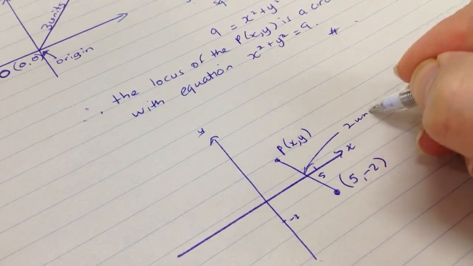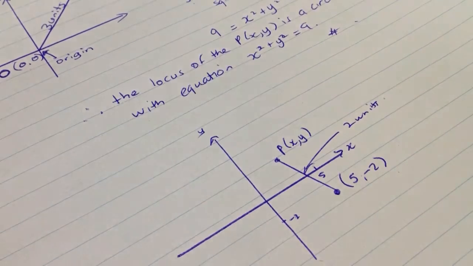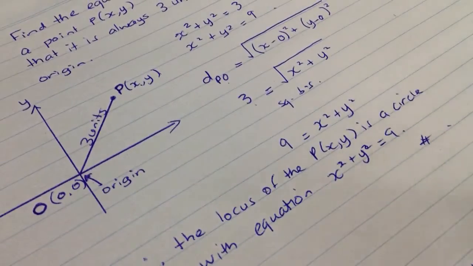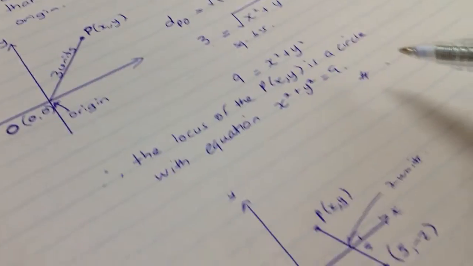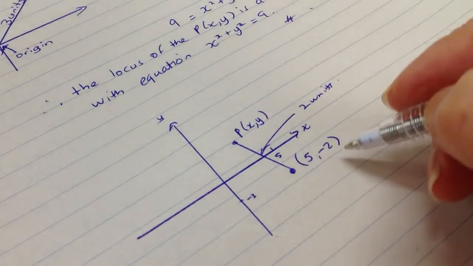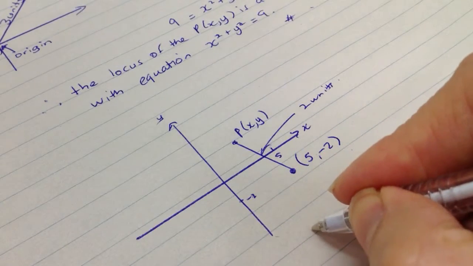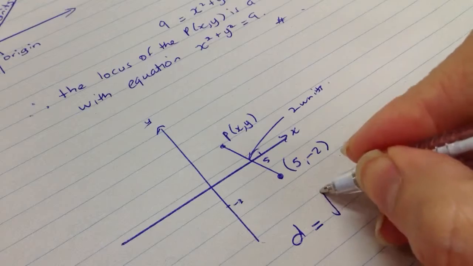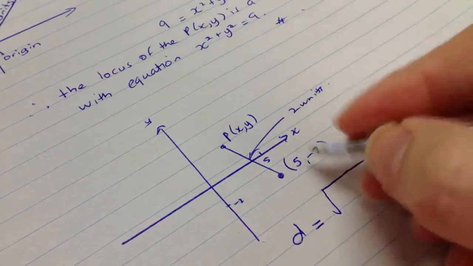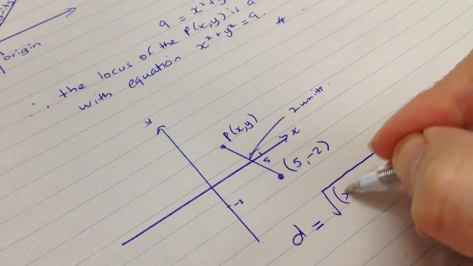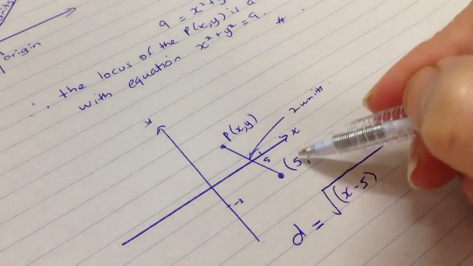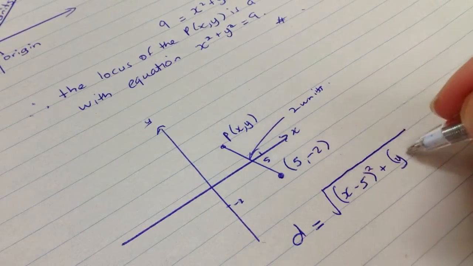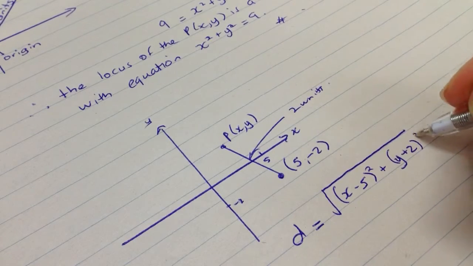That's 2 units. So you would follow the same process as you did with the distance formula up here. So you would write the distance is equal to the square root of. So again, it's x minus 5 squared, plus y minus negative 2, which is plus 2, squared.